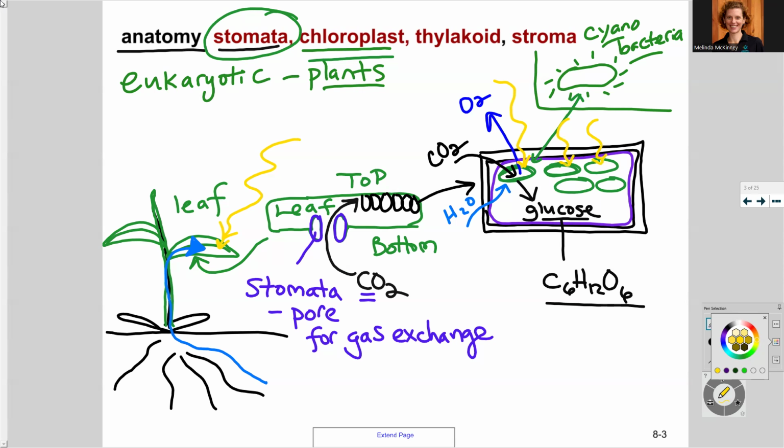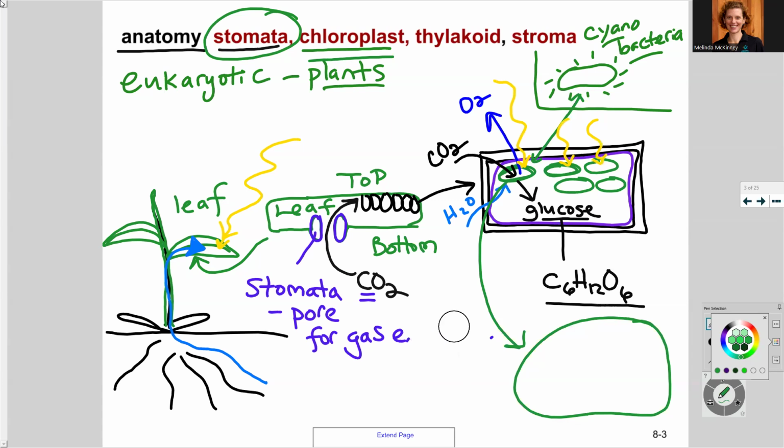Now we're going to zoom in to within the chloroplast. Within the organelle that is the chloroplast, there are a couple more key anatomical regions. Here, I'm going to erase a little bit. I don't want to lose the idea that we are now within a cell.